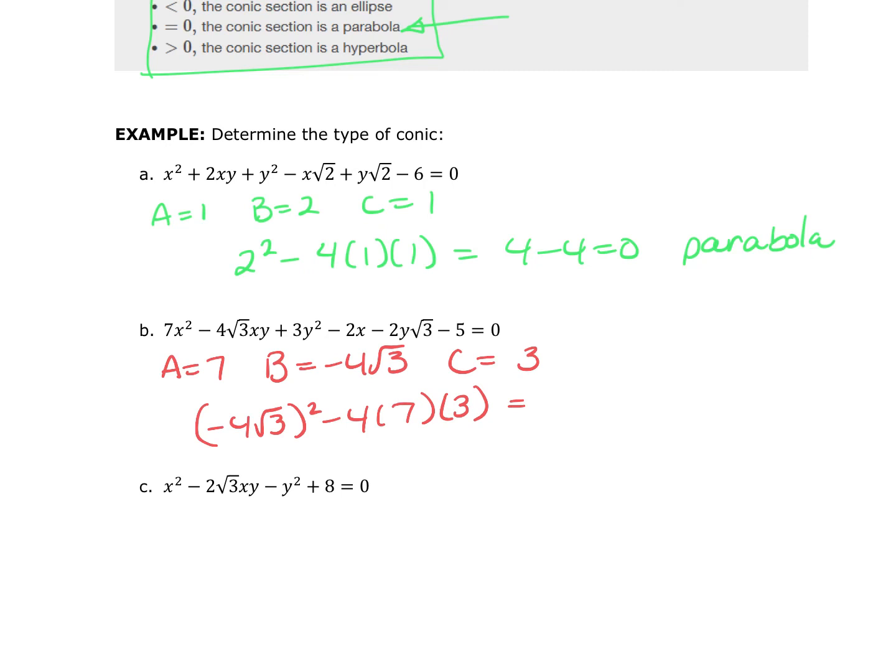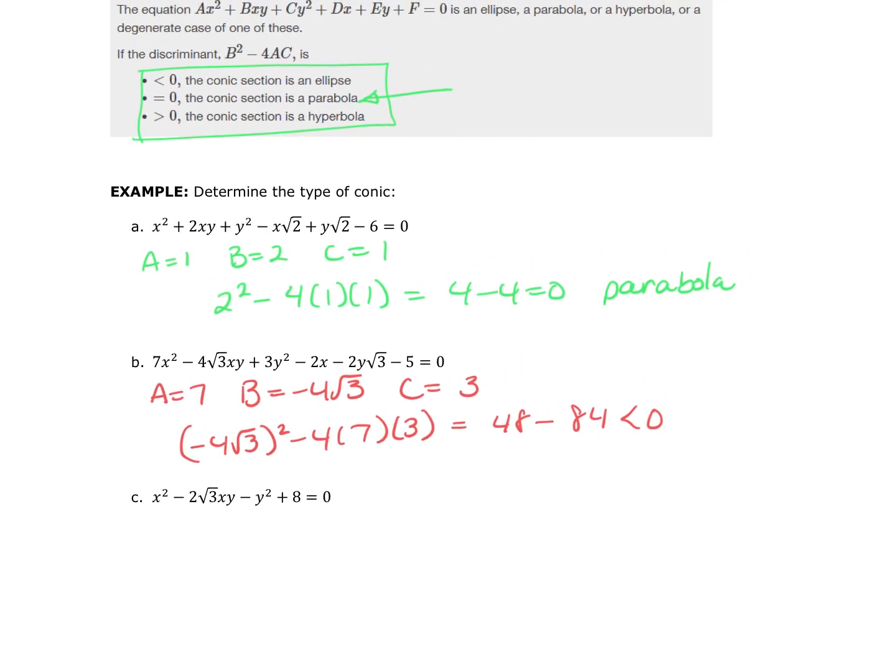That's going to be a 3, of course. I was doing 16 times 3 in my head and it wasn't working out, so I had to get my calculator. So this is going to be 48 minus 4 multiplied by 21, that's the 7 times 3. So 48 minus 84. This clearly is less than 0. So if this is less than 0, I'm expecting an ellipse on my rotated axes.